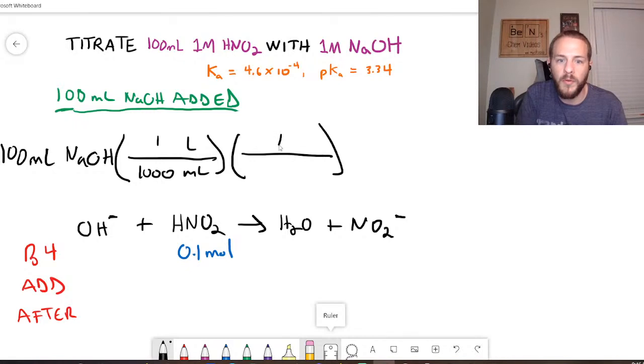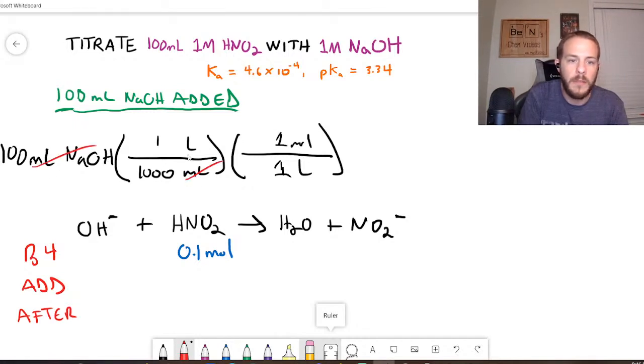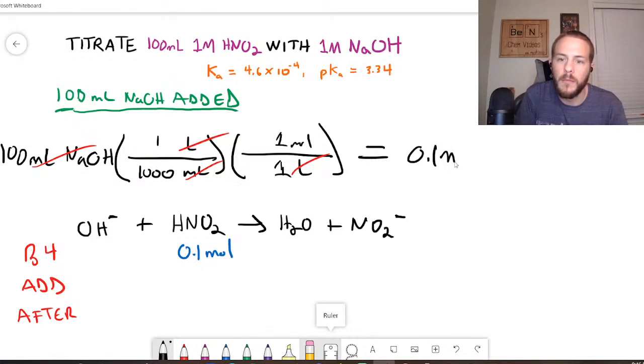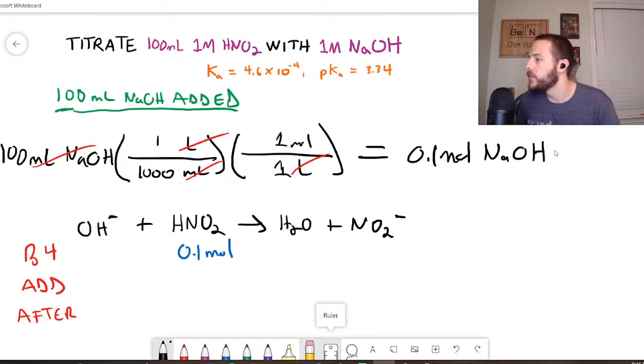Of course, it's 1 molar, so that means there's 1 mole for every 1 liter. Make sure that our units cancel, and they do. We are left with 100 divided by 1,000, which is 0.1 moles of sodium hydroxide.